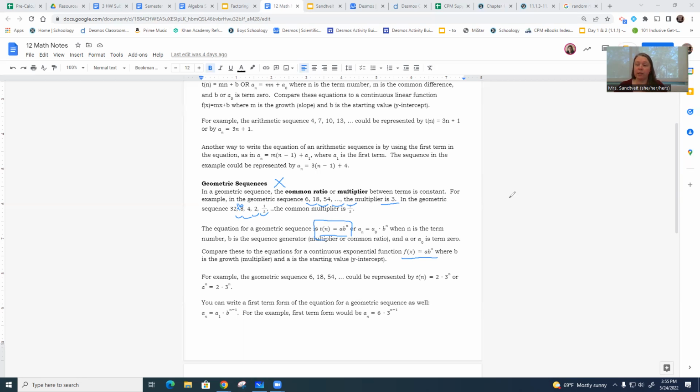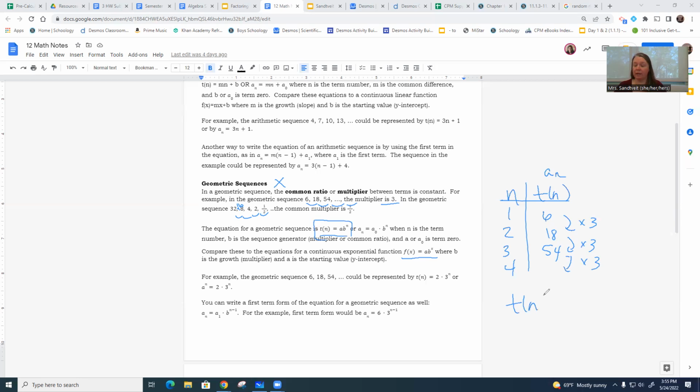So like for this one here, if I say n is my term number, and t of n, or we could write a sub n, is my sequence value. And I notice that every time I am multiplying by 3, so that means my multiplier, my b value, is 3.